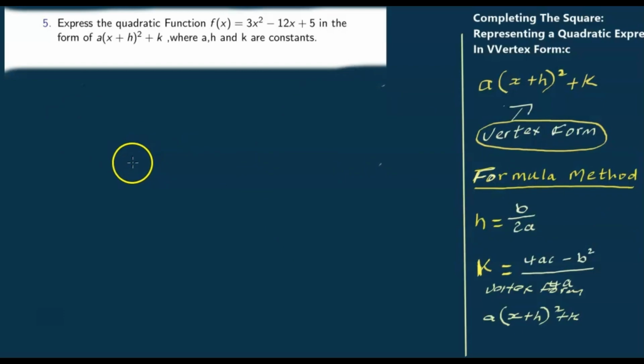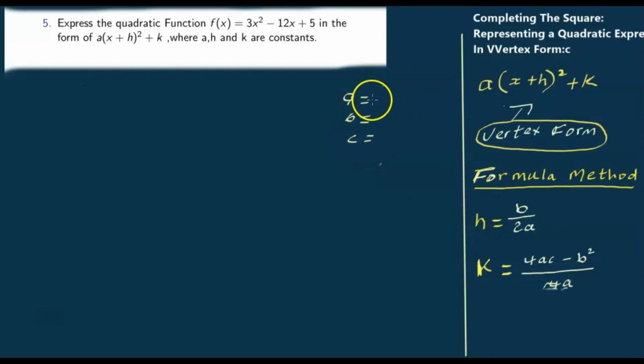Right, so question 5. So look at question 5, A, B, and C. So we already established our A, B, and C values.